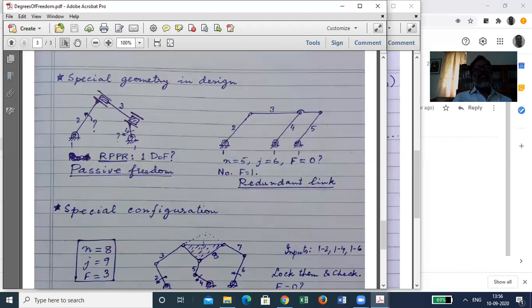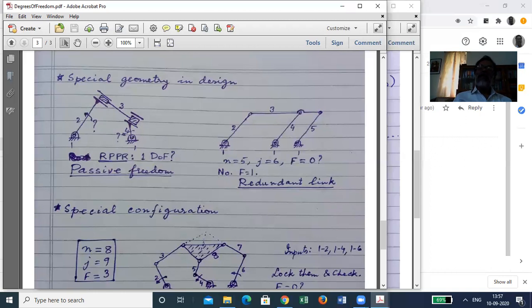Because any attempt to rotate this will try to turn this slot and misalign it with this slot, and immediately this link 3 will get blocked and it cannot move, and so this also cannot move.